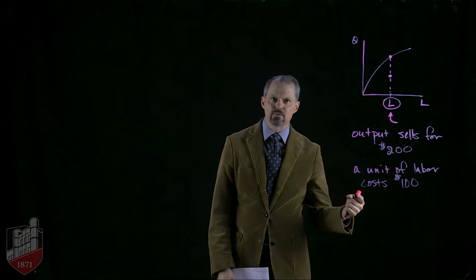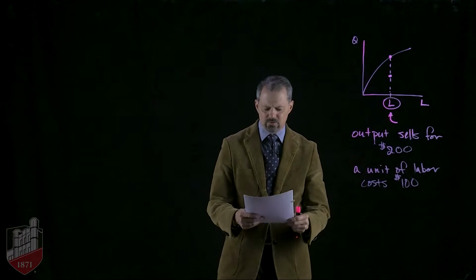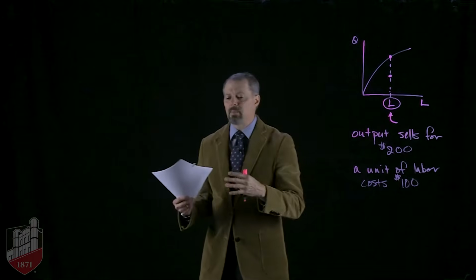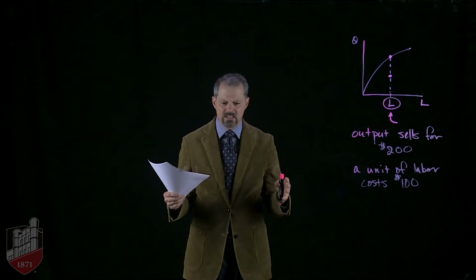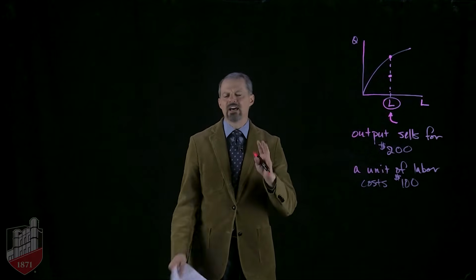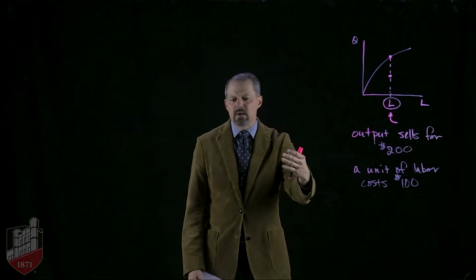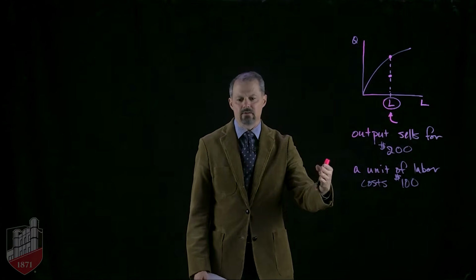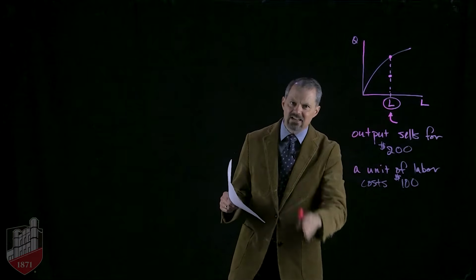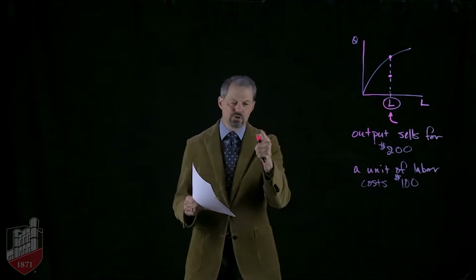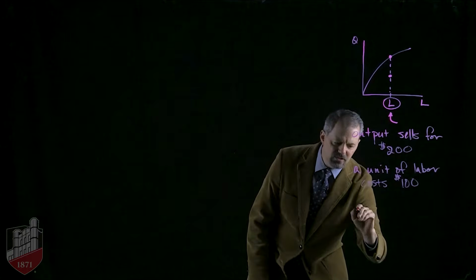So what matters is, well, how much output is that unit of labor going to be able to produce? So let's talk about a basic fundamental fact of decision making. If you've had a principles class, this is something you would have heard in the first class period or within the first week. If the person teaching that class knew what they were doing, they taught you this. You may not remember it, but here is a fundamental fact about decision making.